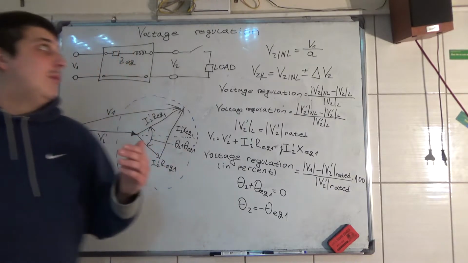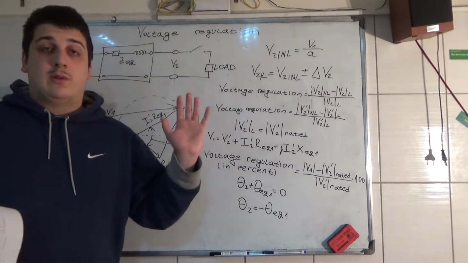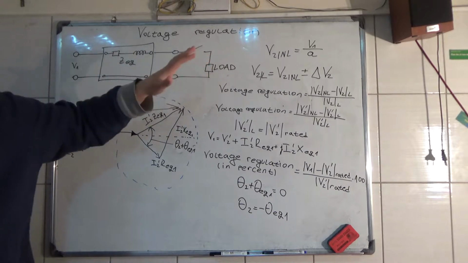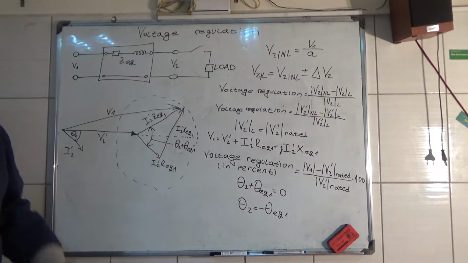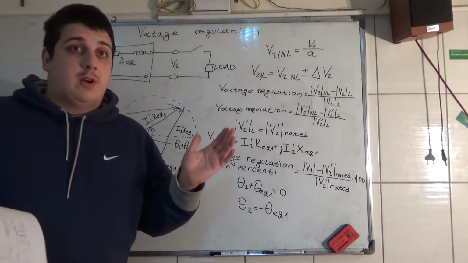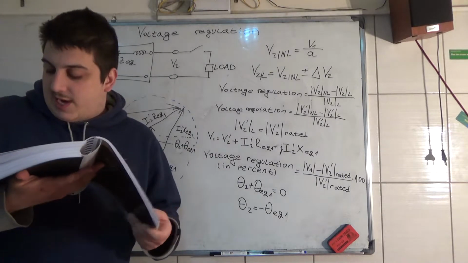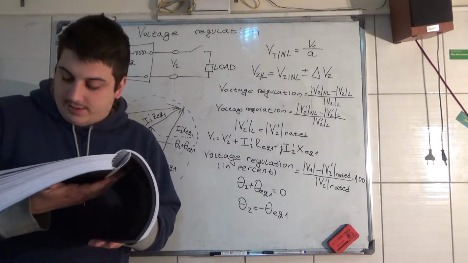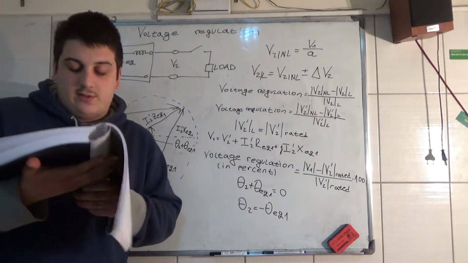Most loads connected to the secondary of a transformer are designed to operate at essentially constant voltage.